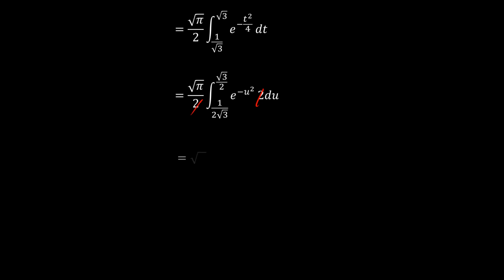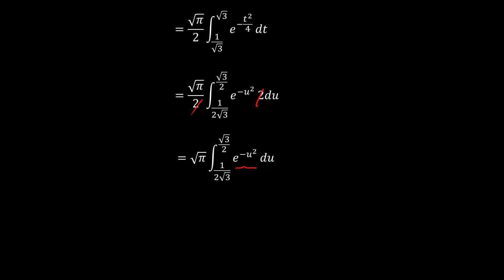So this cancels out, and we have root pi times the integral from u equals 1 over 2 root 3 to u equals root 3 over 2.